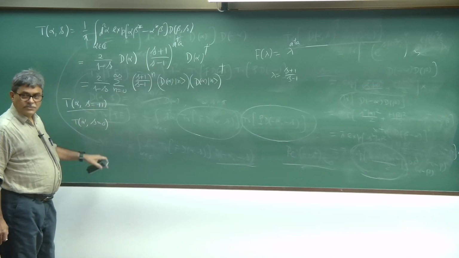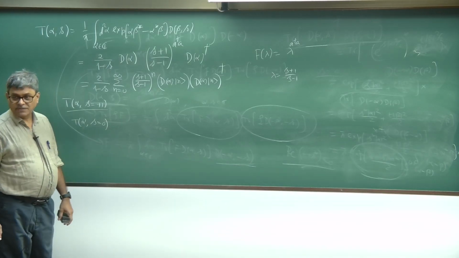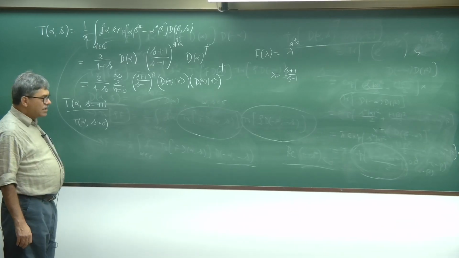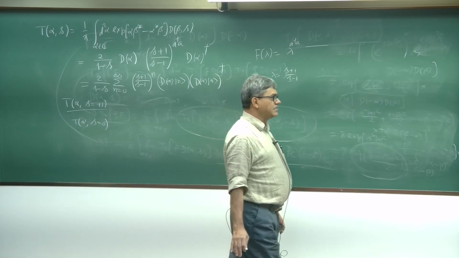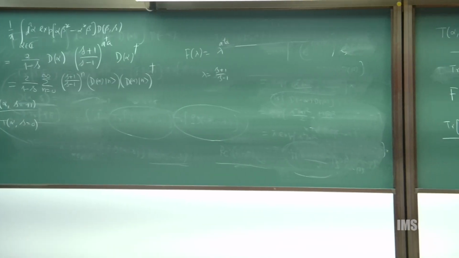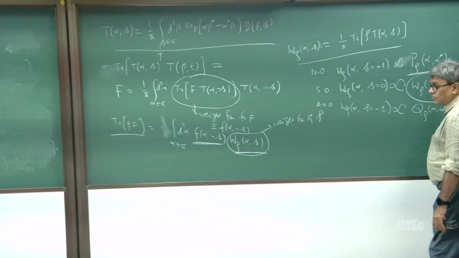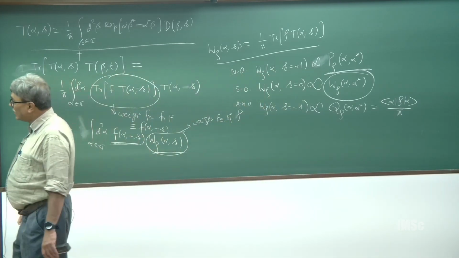It is not bounded. But still, the Wigner distribution holds for every density matrix. So, this is a well-behaved function, as we will see. I mean, still it makes sense.